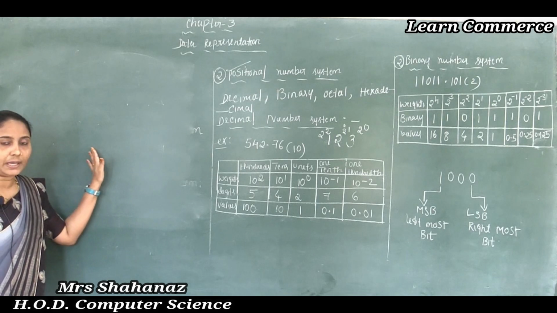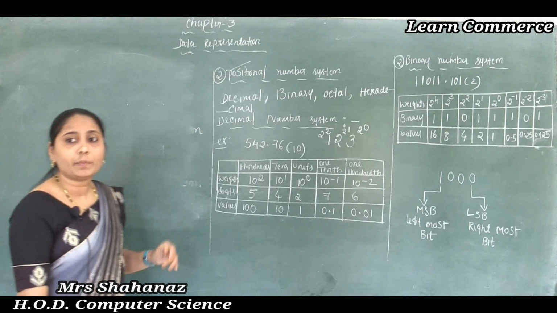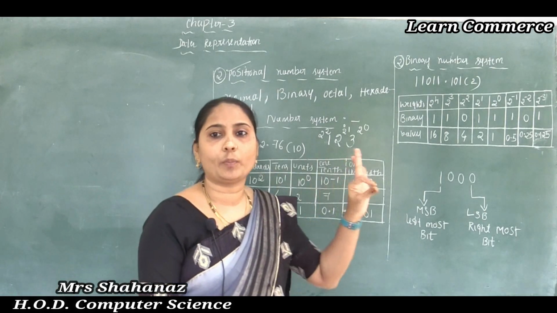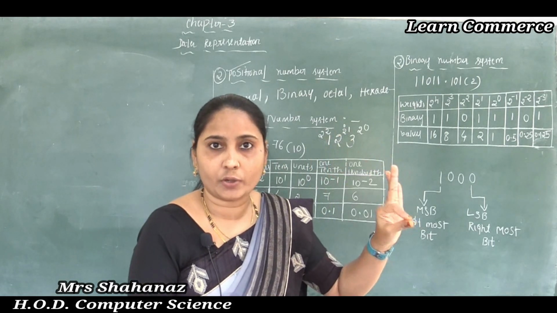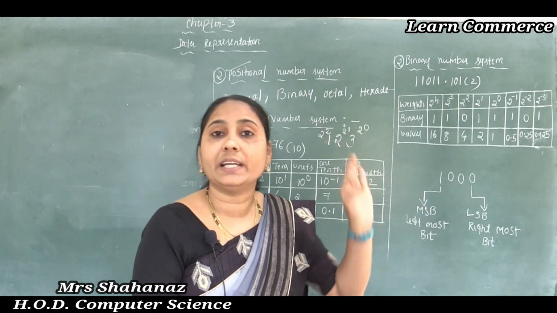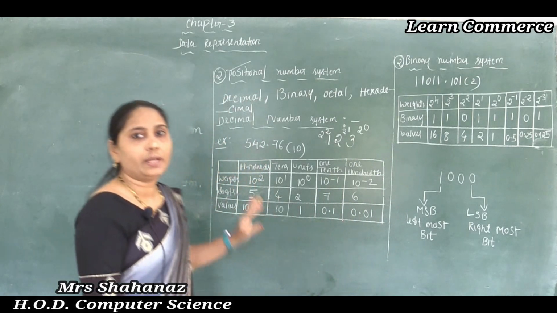Then we completed the types of number system, that is the positional and non-positional number system, correct no. And we also completed the definition of the base of the number system.